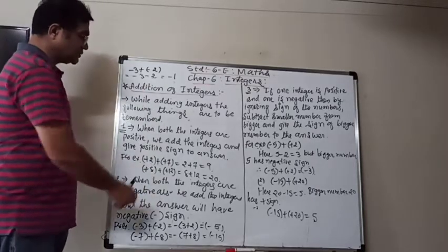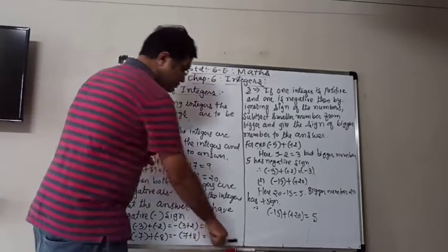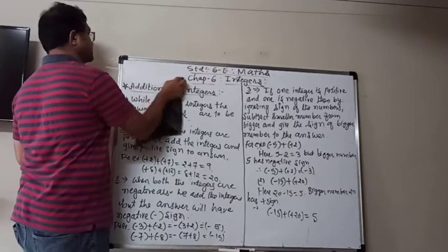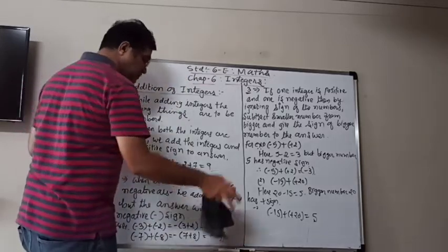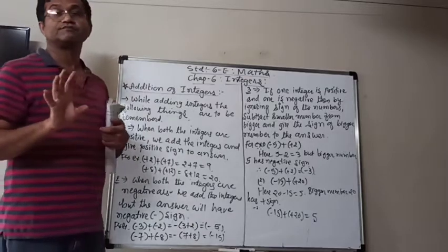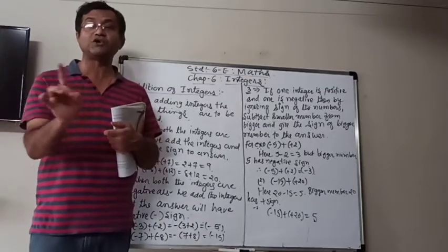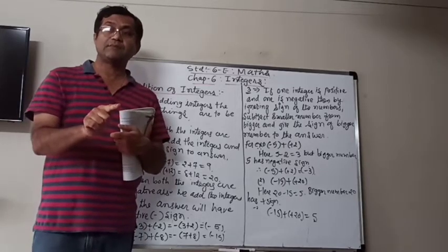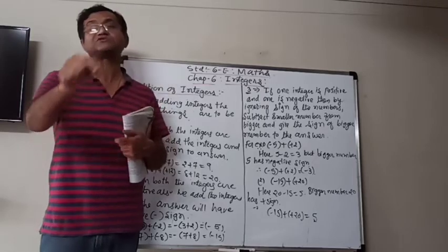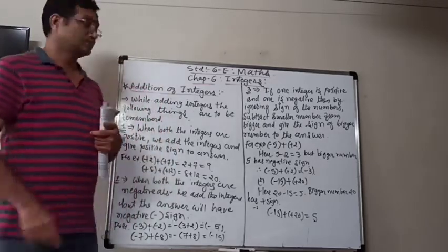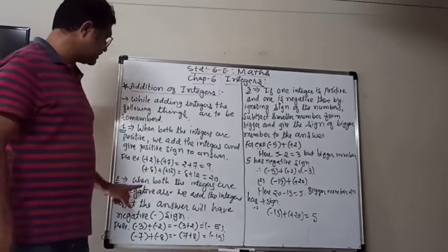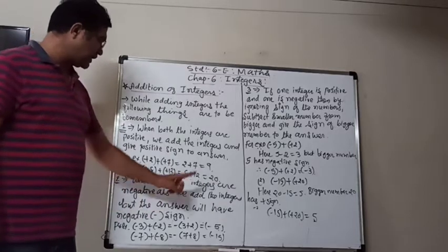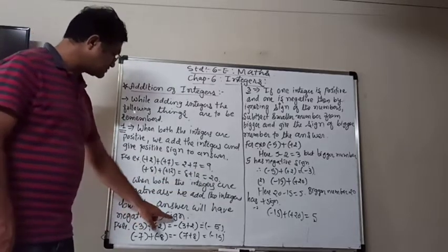So in this situation, there is a dangerous step that you can take. When both the signs are negative, then add the integers, don't subtract them. You have to add the integers, but the answer will take a negative sign again.